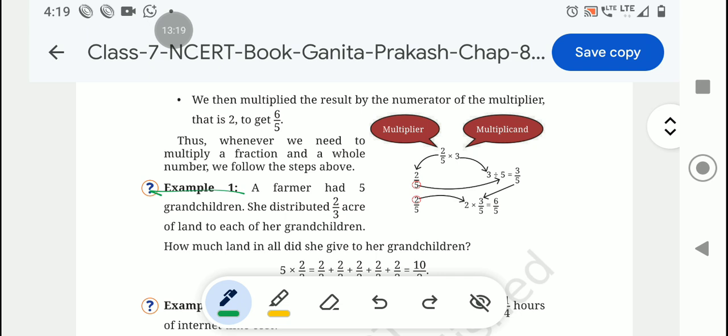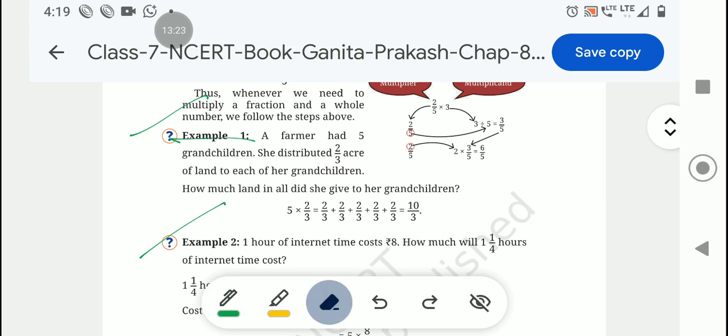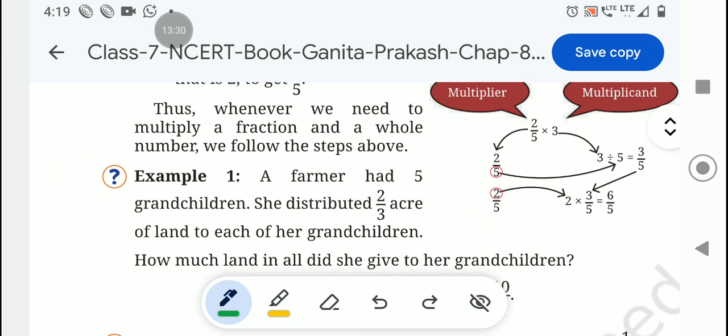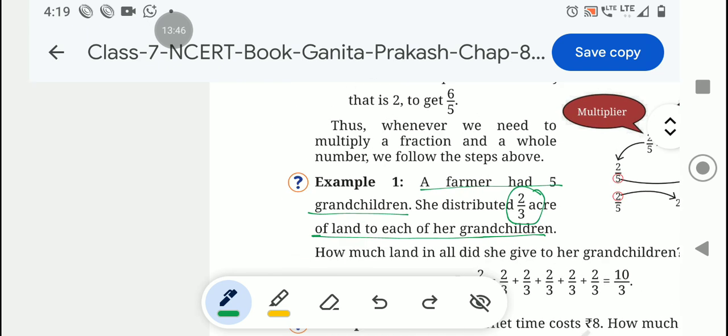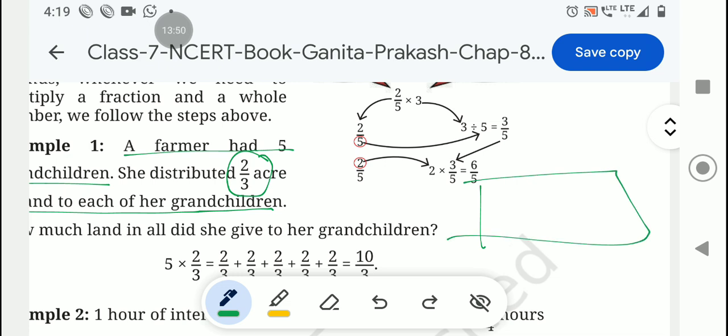Examples. From now, they have given 2 examples. You can see the first one and this is the second one. Let's solve those. A farmer had 5 grandchildren. She distributed 2/3 acre of land to each of her grandchildren. Like there will be a field for every farmer.